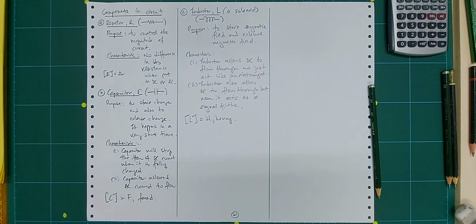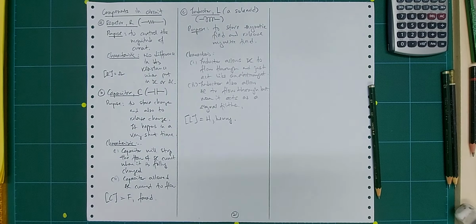So we look at the connection of R, C and L to an AC circuit. What happens when we connect them separately, and then when we connect them all together? We'll see what happens. The first one is R in an AC circuit.